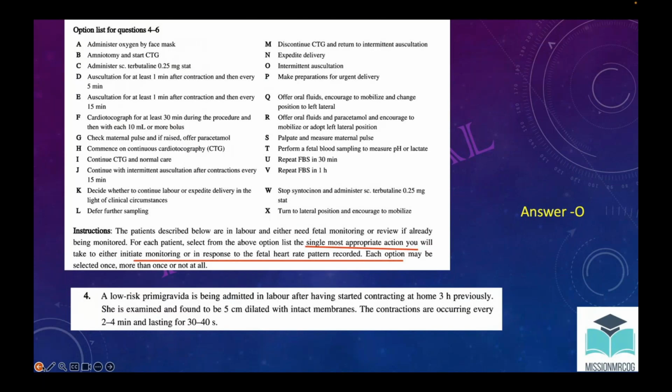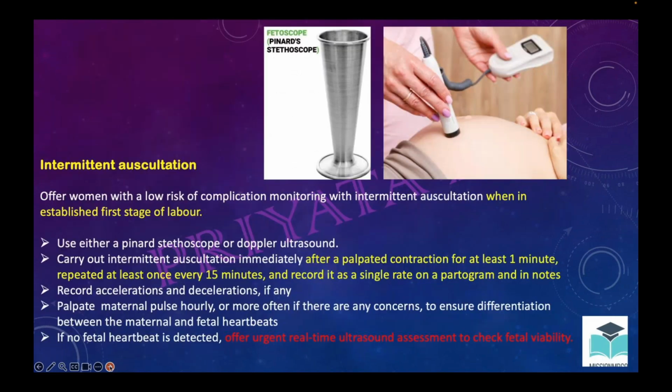Both could be the answer. Basically, O is intermittent auscultation and E is describing what intermittent auscultation is. In the exam, it will not be like that. It will be a very clear exam.